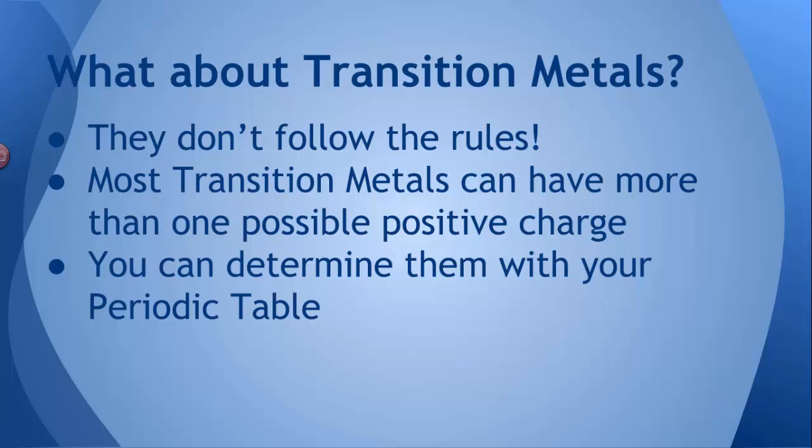You can look at your periodic table. And if you look at your periodic table, in the square, on the right-hand side, almost down at the bottom, there are a couple of whole numbers, integers, separated by commas. Those numbers represent the possible positive charges for those metals. Okay? Sometimes there's one in bold.